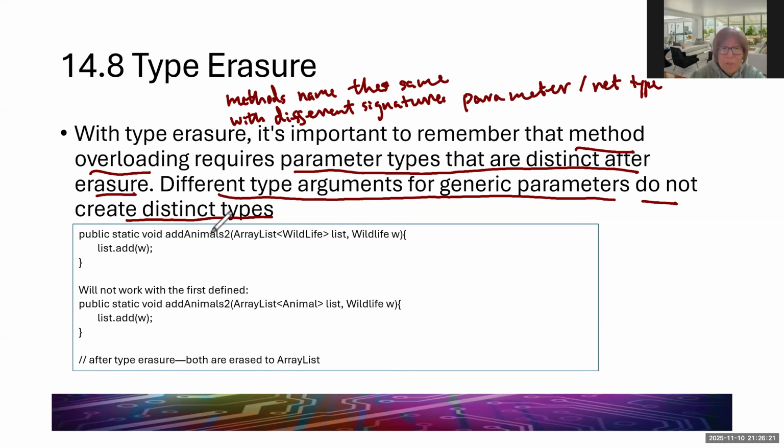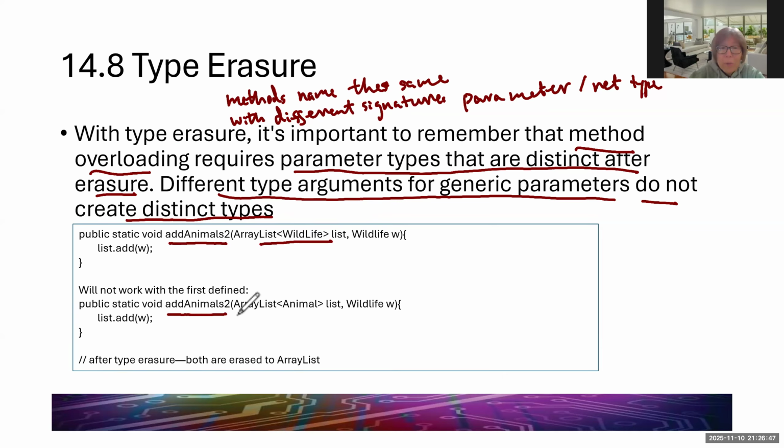So here it gives us an example. We have this method, and within this method, we have this ArrayList, and the type is Wildlife. So then you may ask, how about this?